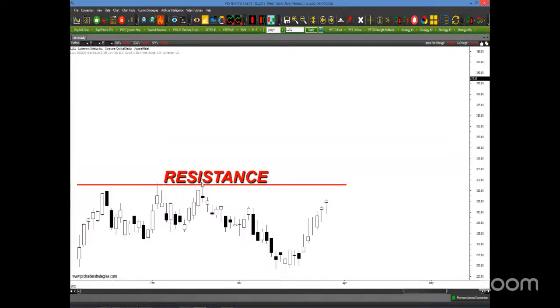For all I know, it could come back up to this resistance level and turn around and go back down. So what most breakout methods say is wait for it to trade above or close above that resistance area. That's your breakout. So you wait patiently, and then you see that this happens. It not only closes above, but it breaks out above without giving you a chance to do anything.